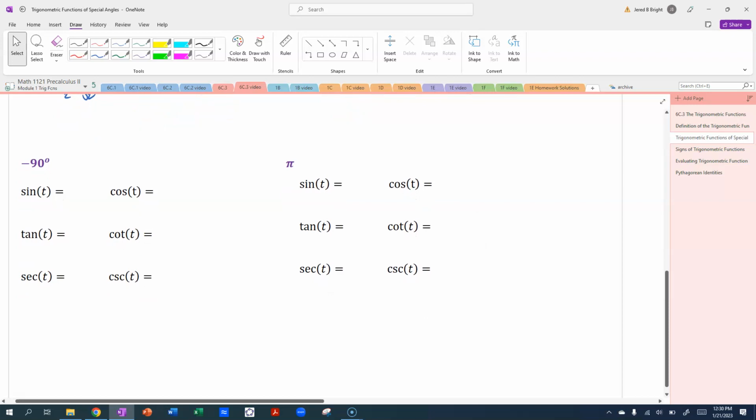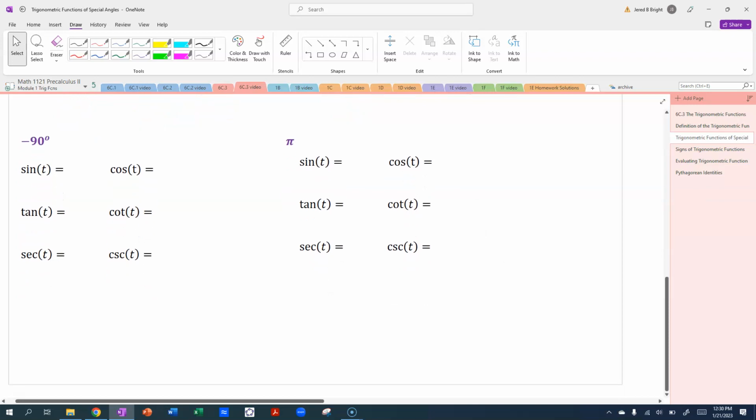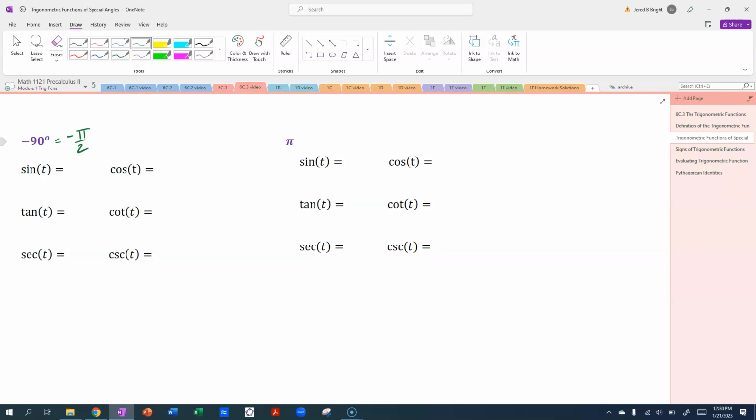All right, next two. I'm going to do negative 90. I want you to try pi on your own. So this is negative 90 degrees, which is negative pi over 2, and this would also be coterminal with 3 pi over 2. This would be our theta, which is our t.